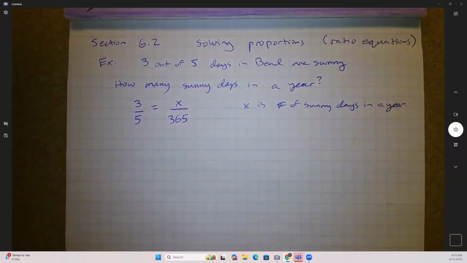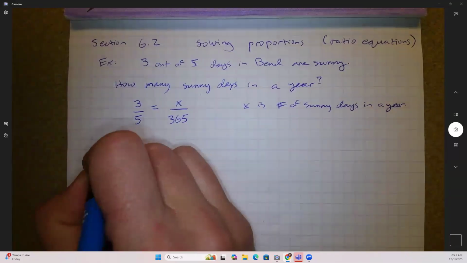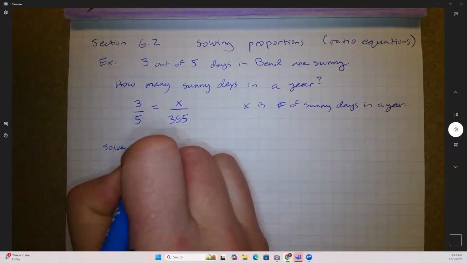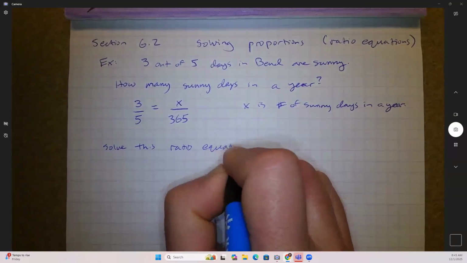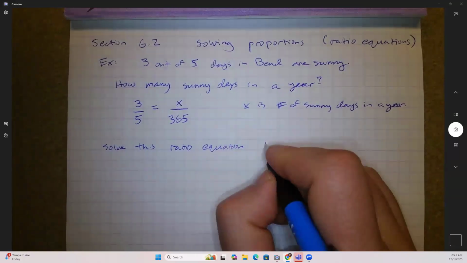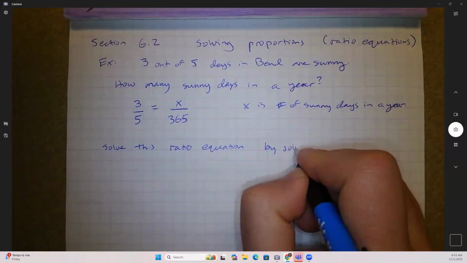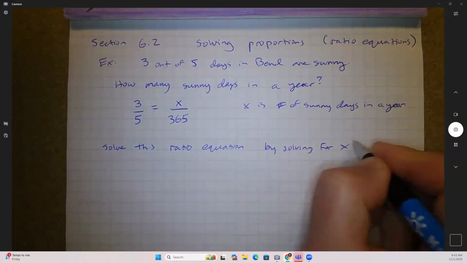And now we have a ratio equation. We solve this ratio equation by solving for x.